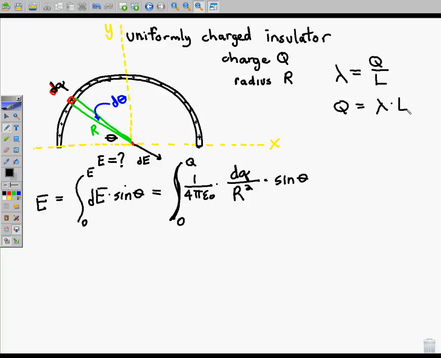Sometimes the arc length is called an s. So that little piece right there is a little ds. So we know that dq, the little piece of q, is equal to lambda times a little piece of the arc length. Instead of calling it a little dl, in this case we're calling it a little ds.